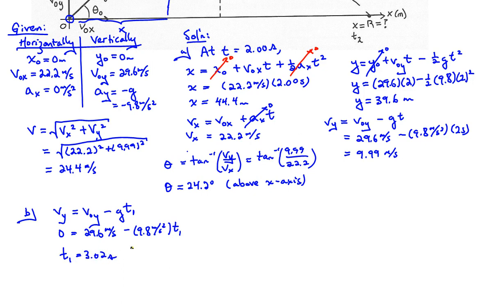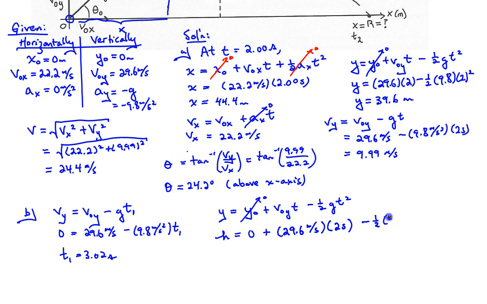Now we can go ahead and plug that into our vertical distance equation. y equals y0 plus v0y t minus 1/2 g t squared. So therefore our maximum height will be equal to, well, this is 0 because we're setting it at the origin once again. So 0 plus that initial vertical velocity, which is 29.6 meters per second times 2 seconds minus 1/2 times 9.8 meters per second squared times 2 seconds quantity squared.